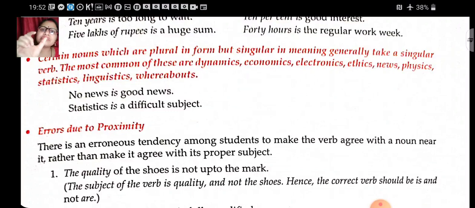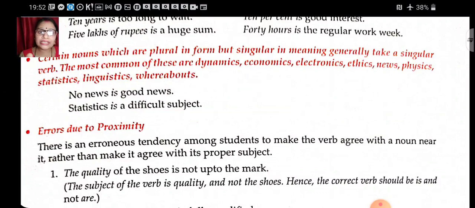If your verb is nearer to the subject and that subject is singular, then you will make your verb singular by adding s or es. And if your subject is plural, you will make it plural by removing s or es. So an example is also given to you, the quality of the shoes.